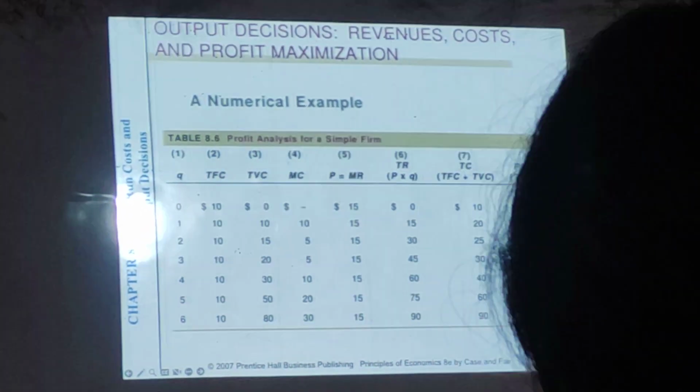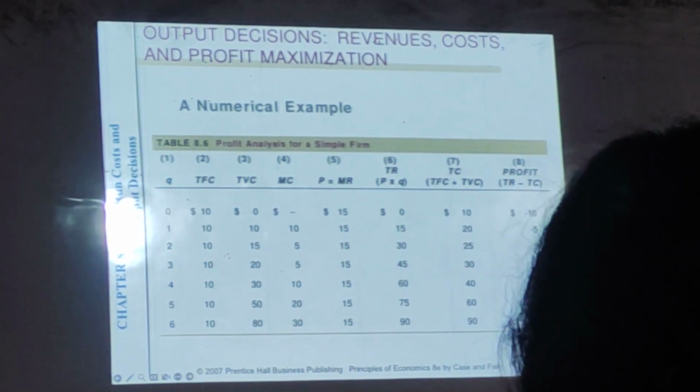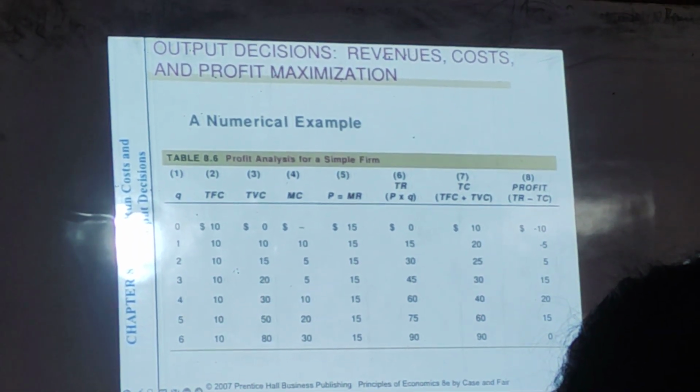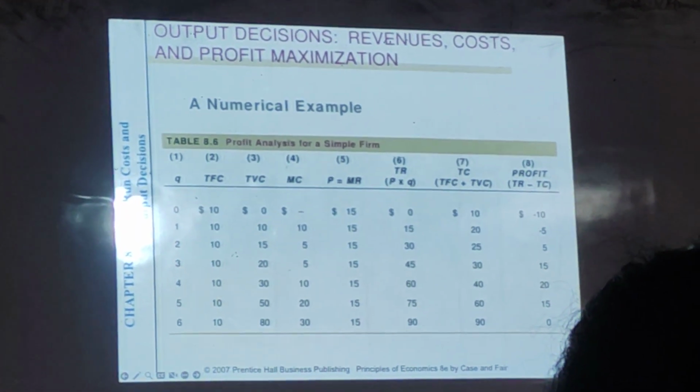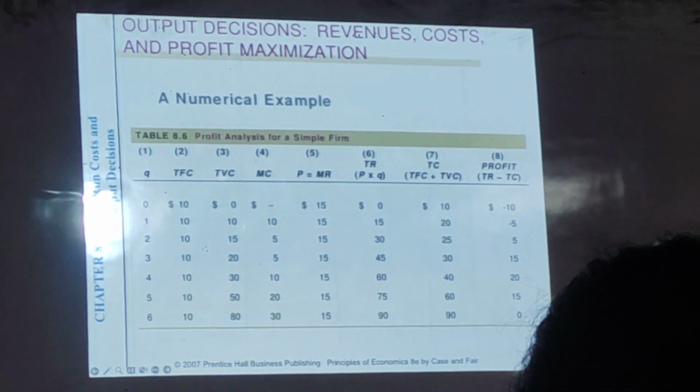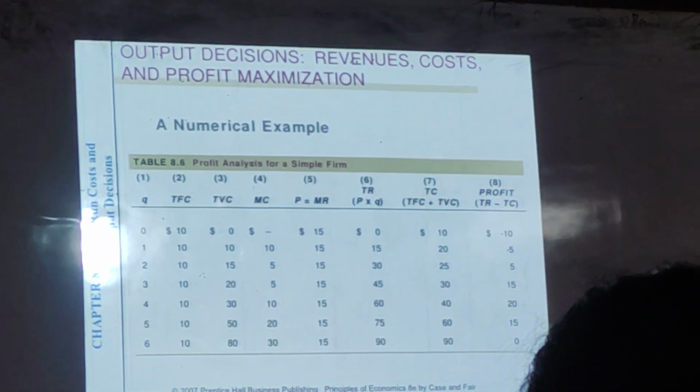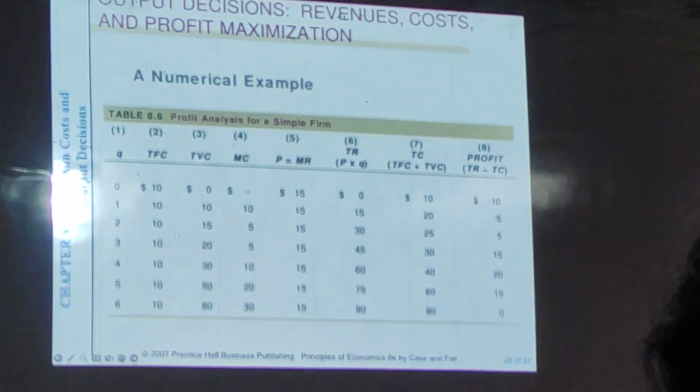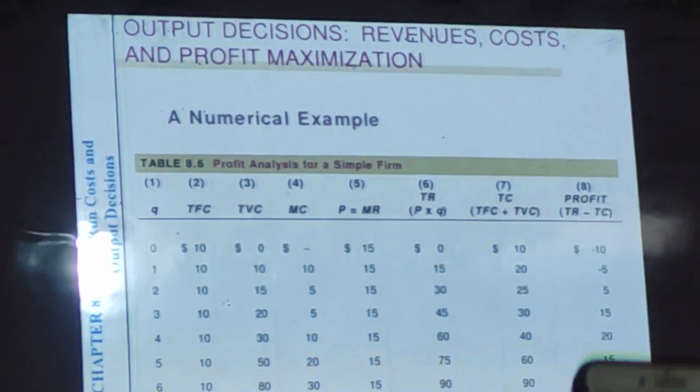What's the golden rule? Marginal revenue is higher than or equal to marginal cost. So marginal revenue is 15. Where is the cost there? So at what quantity?